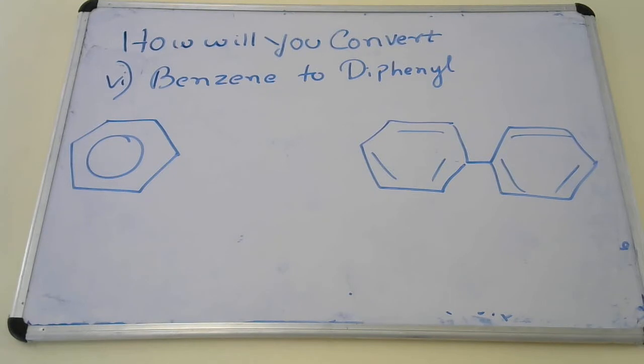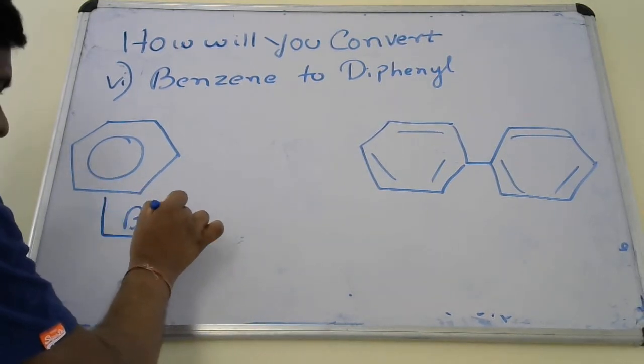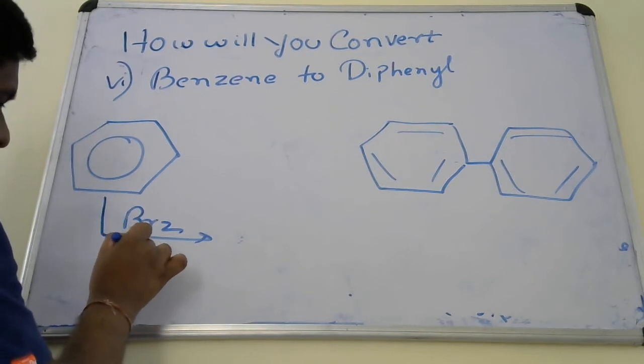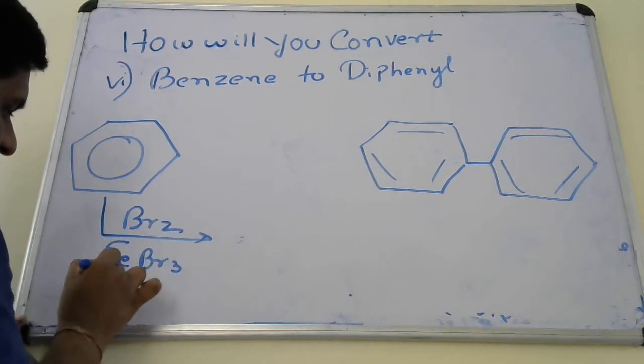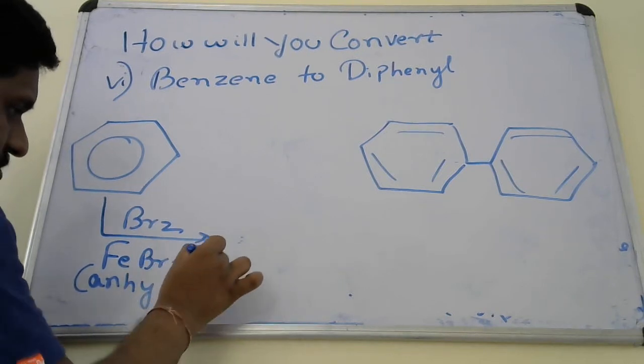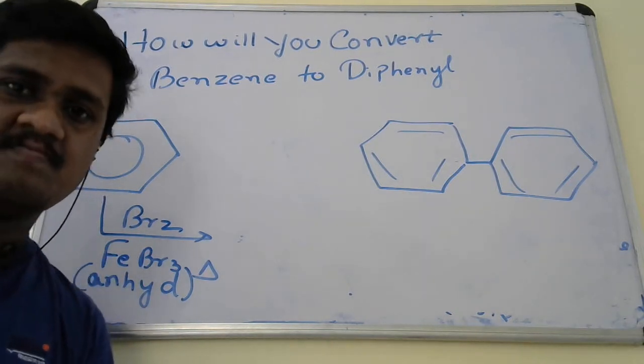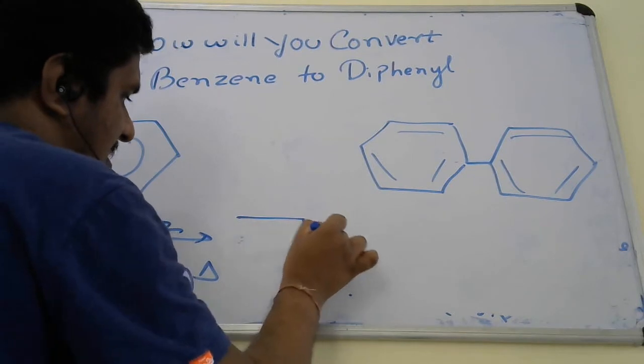Starting is benzene. First we will provide bromine in presence of anhydrous FeBr3, electrophilic substitution in benzene. You will get bromobenzene.